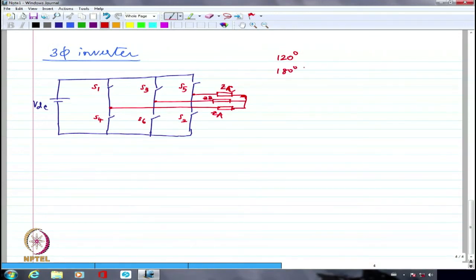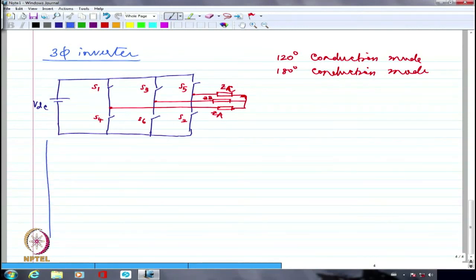So we call one of them 120 degree conduction mode, the other one 180 degree conduction mode. These are the two types of conduction which we would be analyzing. So let us say we are talking about 120 degree conduction mode to start with.